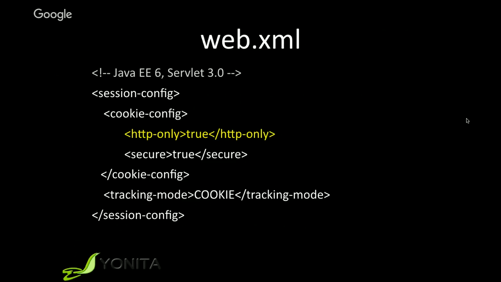This parameter does not guarantee, but it hints to the browser that it shouldn't allow JavaScript to access the cookie value. So the cookie which has the HTTP only flag configured will not be accessible from JavaScript. So our code document.cookie will return, for example, an empty string.